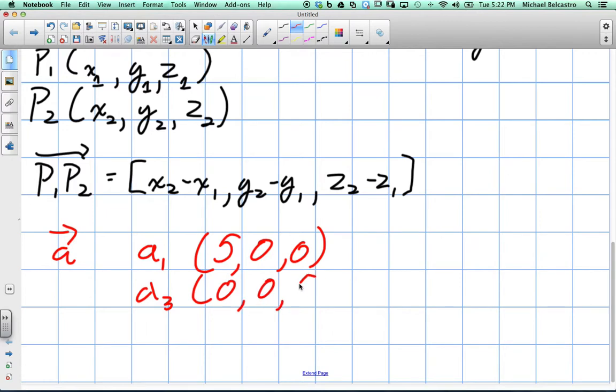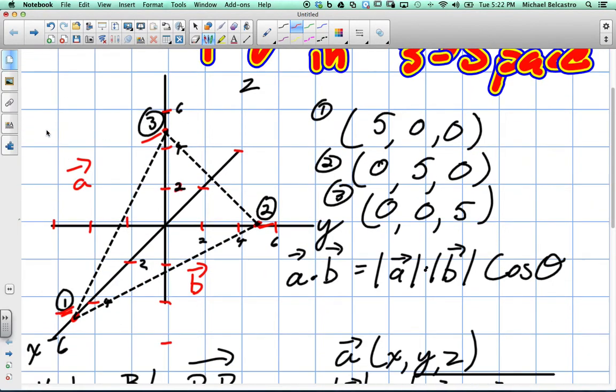We put it through this formula to find our vector A. With this being our x, our y, and our z, 0 minus 5 gives us negative 5, 0 minus 0 is 0, and 5 minus 0 is 5. So vector A is negative 5, 0, 5.